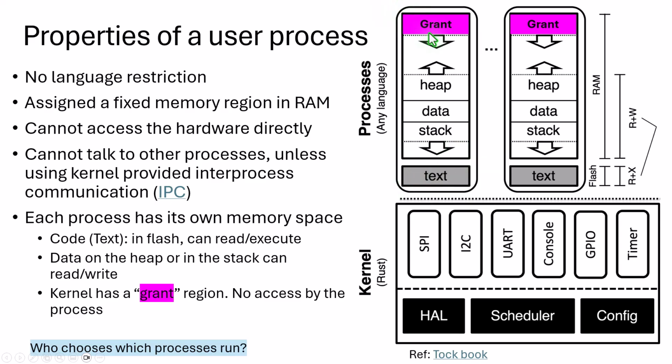This grant region is special, I think, with Tock, in that it solves the problem of what happens if you have a process that wants to use a lot of kernel resources.